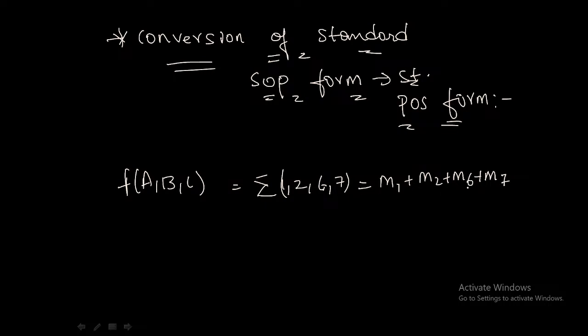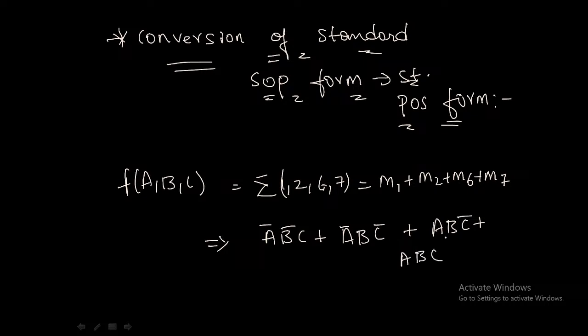Now, how to write it in Boolean form? m1 can be represented as A bar, B bar, C, which we have already seen. m2 can be represented as A bar, B, C bar, m6 as A, B, C bar, plus m7 as A, B, C. This is how we can represent the particular minterms.